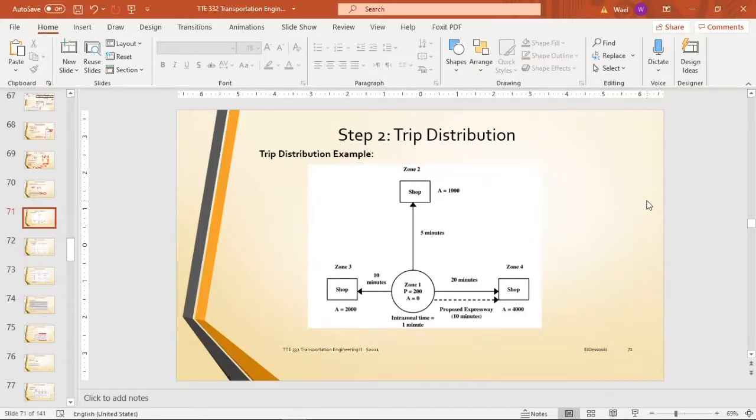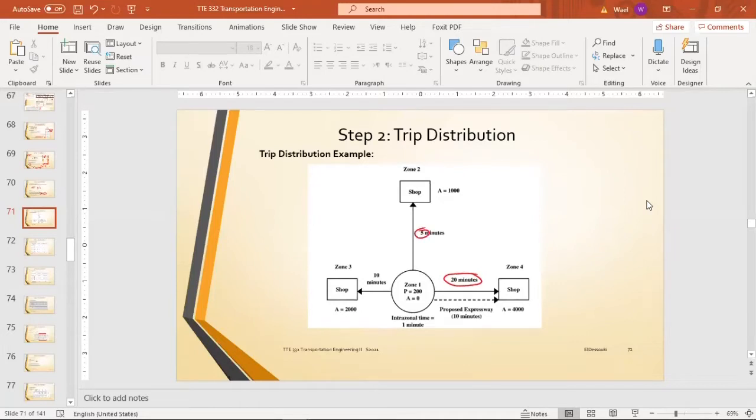Here we have zone 1, and that's the production from zone 1. The attraction is 0. Here there's zone 2, zone 3, zone 4, and these are the travel times between the zones.